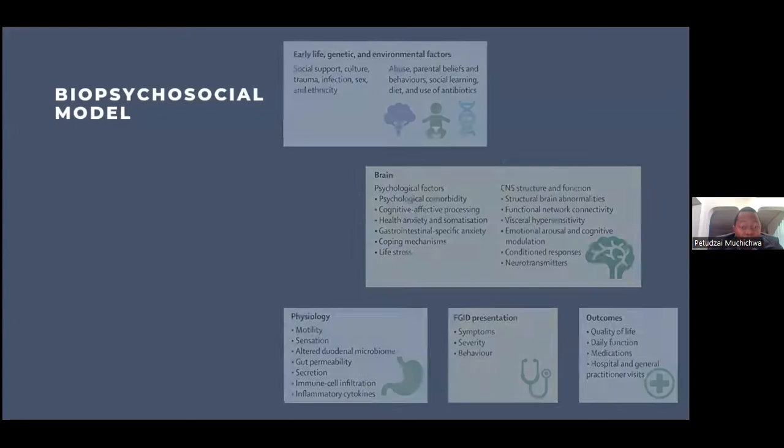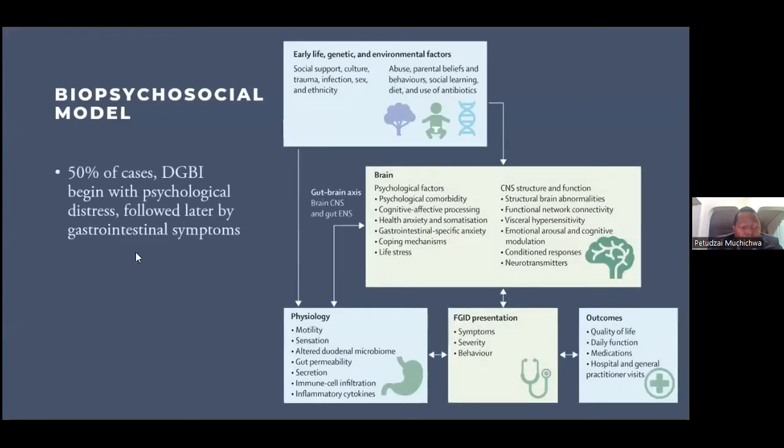There are proposed models. About 50% of cases of these disorders begin with psychological distress, followed later by gastrointestinal symptoms.